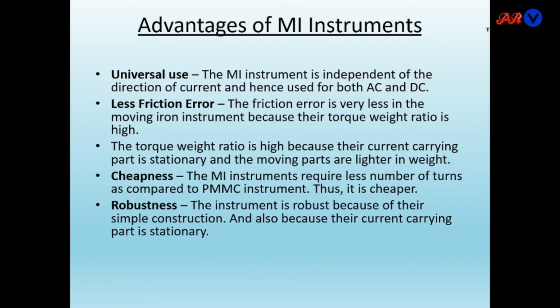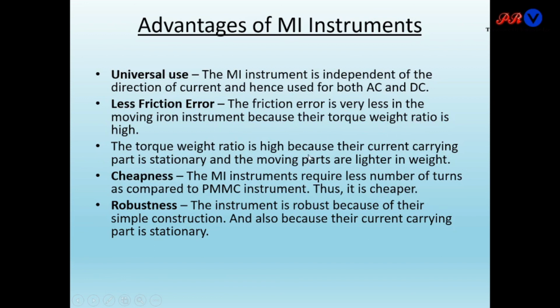Advantages of MI instruments. First is the universal use. The MI instrument is independent of the direction of current and hence used for both AC and DC. Less friction error. The friction error is very less in the moving iron instruments because their torque weight ratio is very high. Torque to weight ratio is high, so we have less friction error.